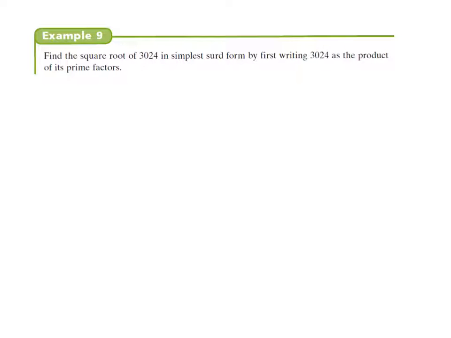The next example, example 9, asks you to prime factorize 3024, finding the square root of 3024. We've done a few of these before in the previous section, so same as before. So 3024, I'm just going to halve it. 1512 is half of that value.